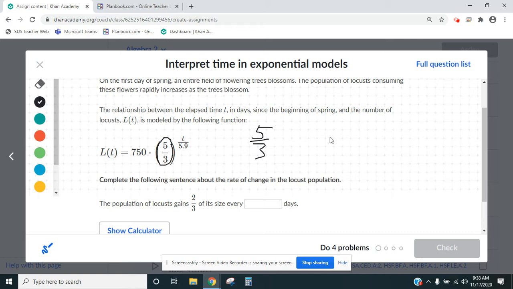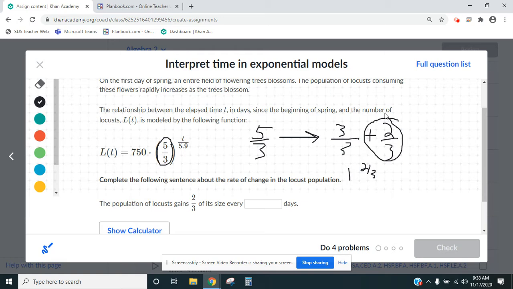Now, keeping in mind that 5/3 is really like 1 whole plus 2/3, right? It's really like 1 and 2/3, the same idea. So this amount that it's adding is 2/3.